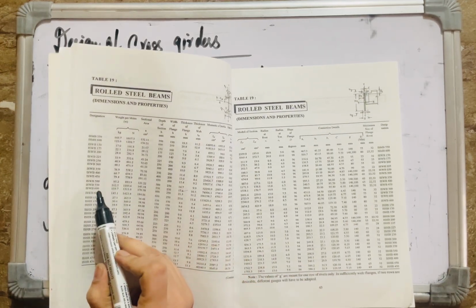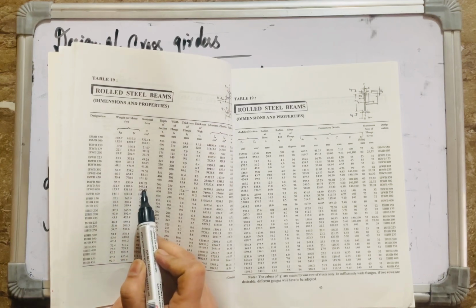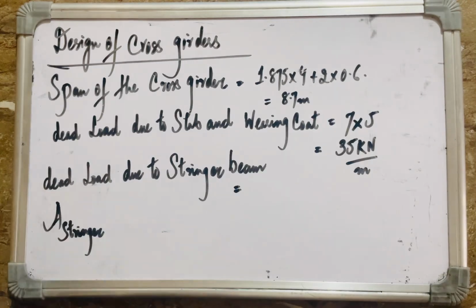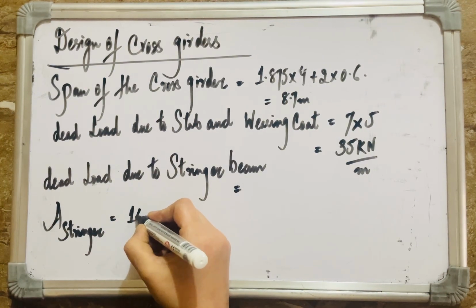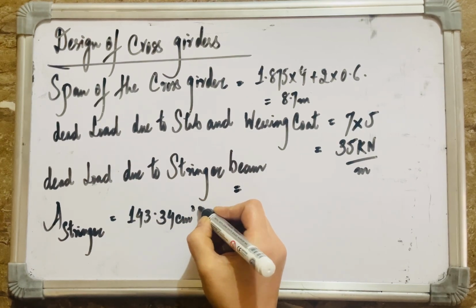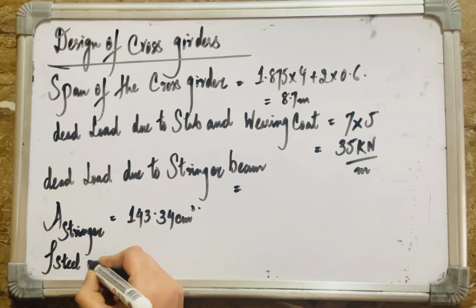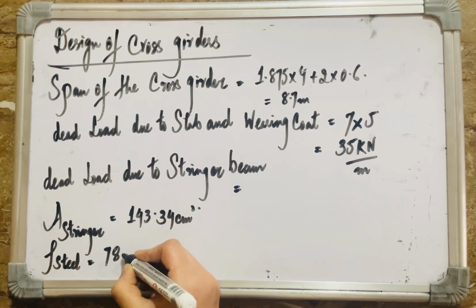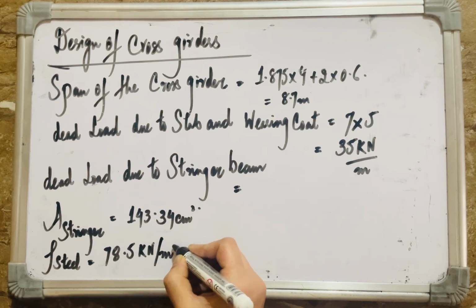ISWB 550 has an area of 143.34 centimeters square, and we also know that the density for steel is 78.5 kilonewton per cubic meter.